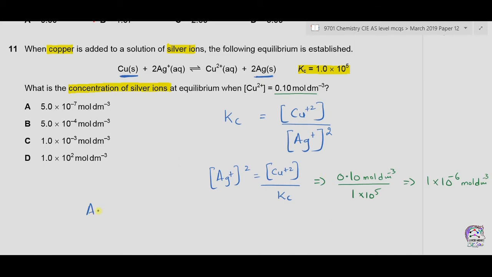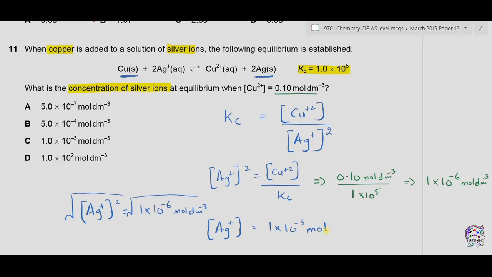So the concentration of silver ions squared is equal to 1 × 10⁻⁶ mole per decimeter cube. Taking the square root on both sides, we have Ag⁺ concentration will be equal to 1 × 10⁻³ mole per decimeter cube. So therefore correct option is C.